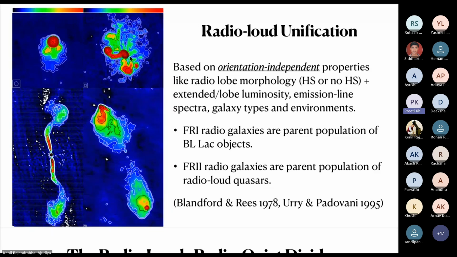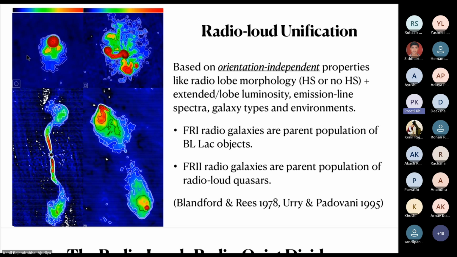Now we know that all these FR1s, FR2s, BL Lacs and quasars are probably the same phenomenon, but at different orientations. This is based not just on this image, but on many properties of these AGN which should be independent of orientation.